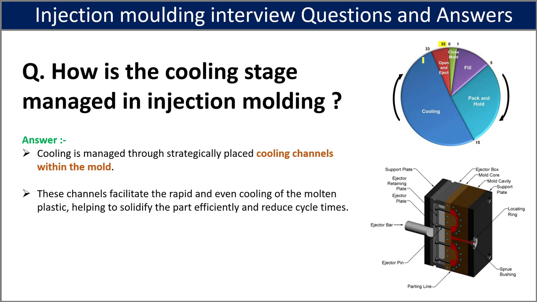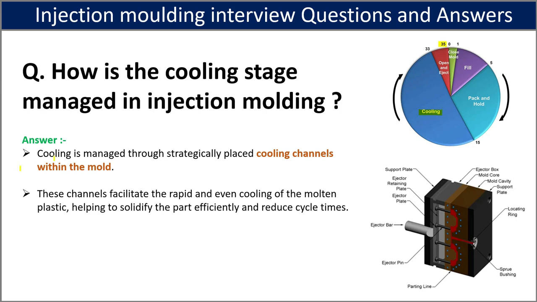Out of this, more than 50% of the time is taken by the cooling process, and the rest is the other half. Here you can see mold close, filling of the material, pack and holding of the material, and then cooling allows the material to cool, and then open and eject the part. So the cooling stage takes more than 50% of the cycle time.